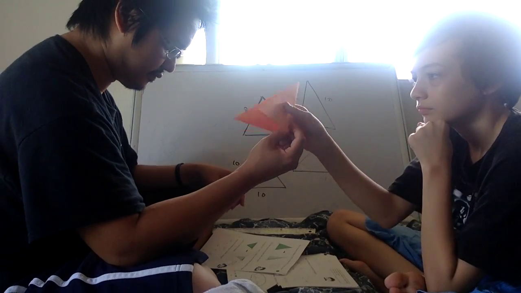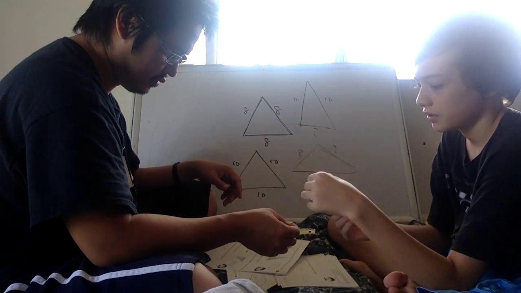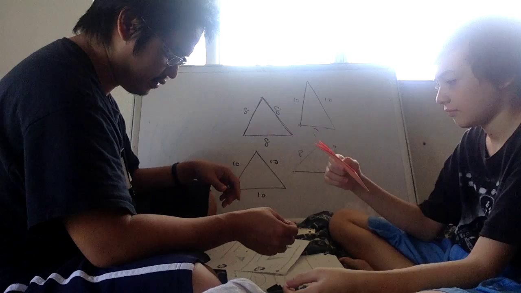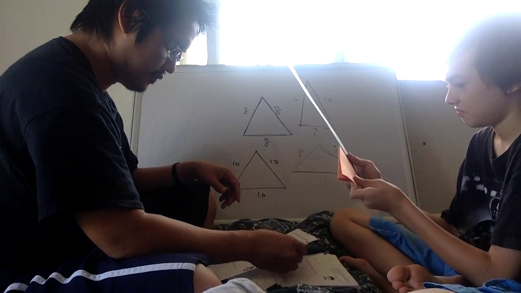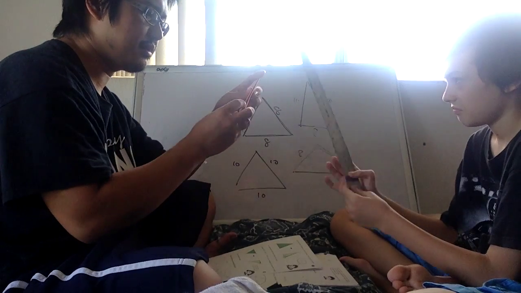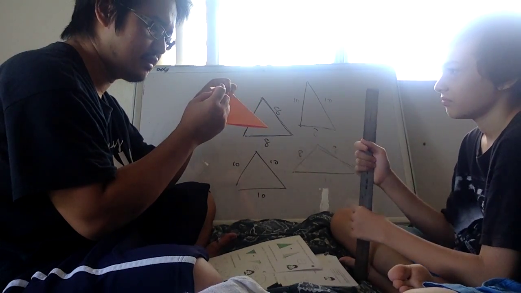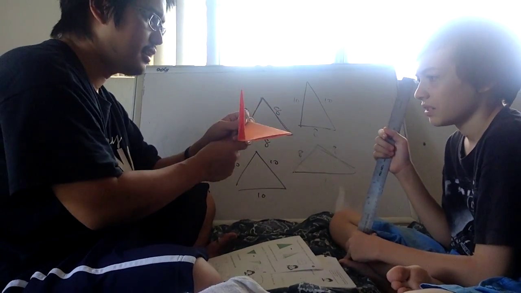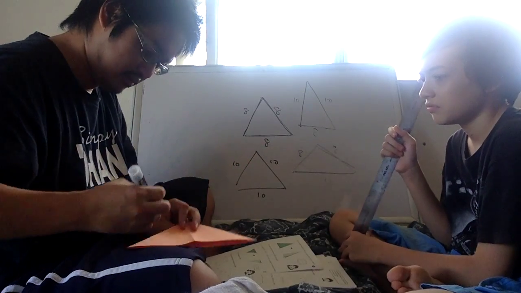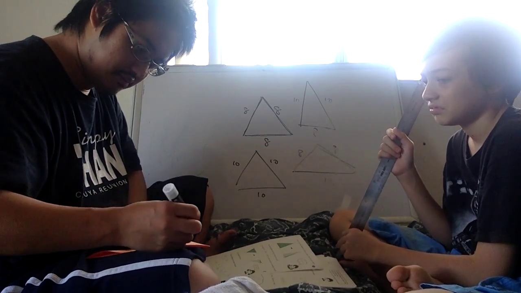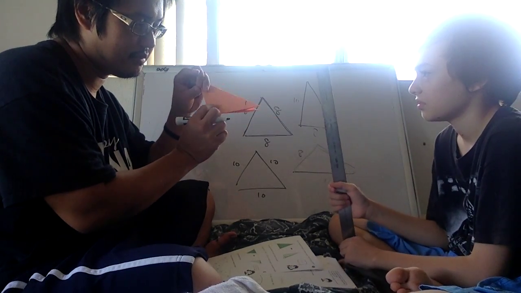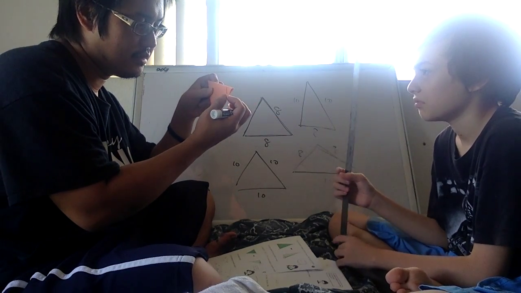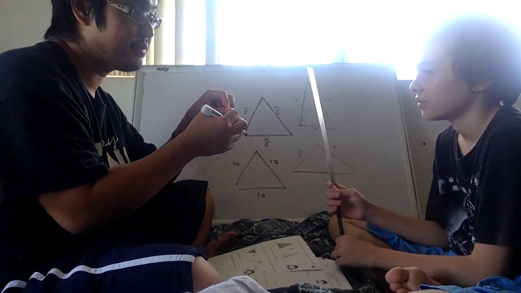But if you fold this isosceles triangle in half, that's still isosceles. What do you notice about this angle right here and this angle right here? They're acute. But when you fold them in half, what can you tell me about them? They're equal. They're the same.